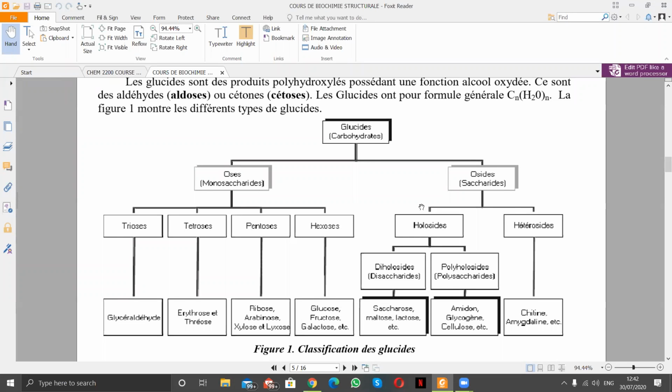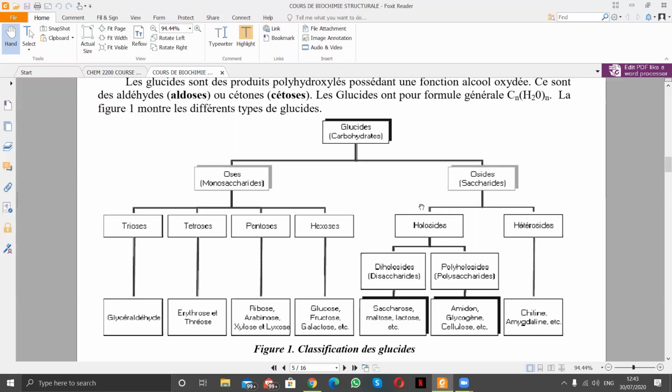I will show you the structures in the following course. You can also search about this and see how the structures look. You need to know the structures. The monomer units in the oligosaccharide usually range from 2 to 20.